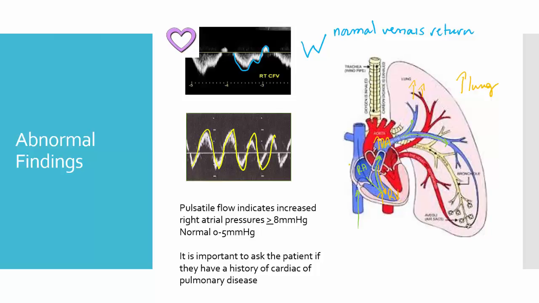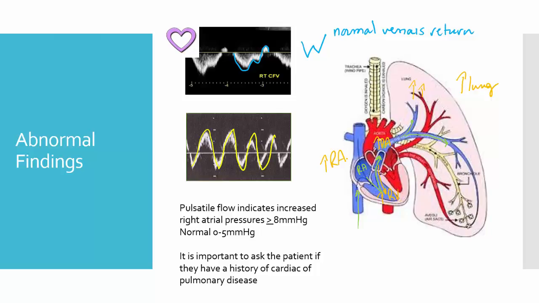And because blood is moving from the right atrium into the right ventricle, we have an increase of right atrial pressures. So we need a higher right atrial pressure to overcome the higher right ventricular pressure.